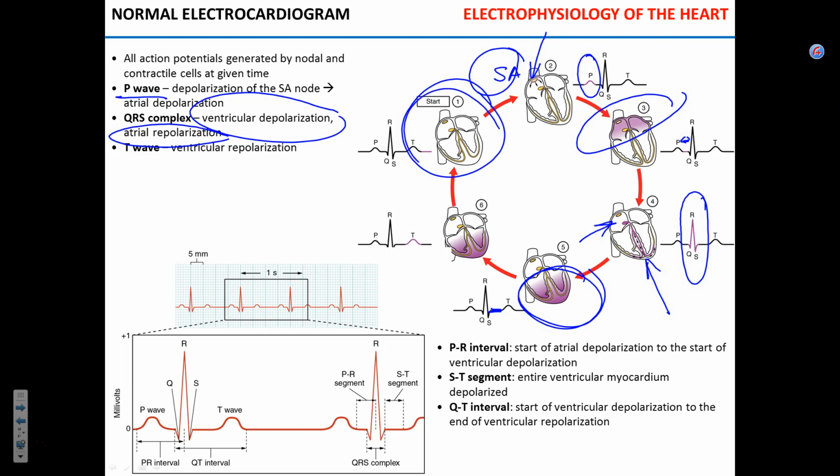So here, kind of jumping a bit ahead, this is the heart relaxed. Atria and ventricles are filled with blood. At this point, last beats of the blood are squeezed from the atria into the ventricles. Does that make sense? Now at this point, ventricles are squeezing the blood out into the great vessels. That's ejection phase. Does that make sense?